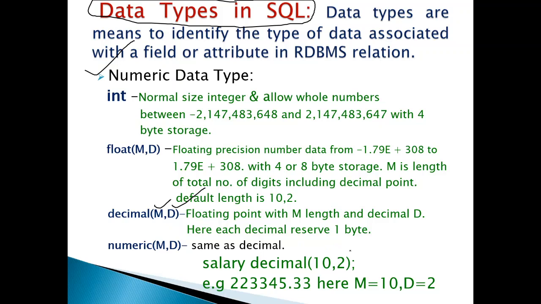Here we have taken the example salary decimal(10,2). It means the length of the value that can be stored in the salary variable is 10. For example, 99223344.55: 8 digits are in the integer part and 2 digits are in the fractional part. So the total digits that can be stored in the salary variable are 10, that is M.